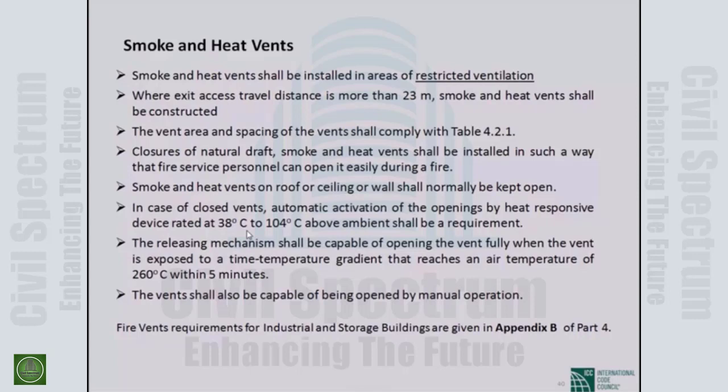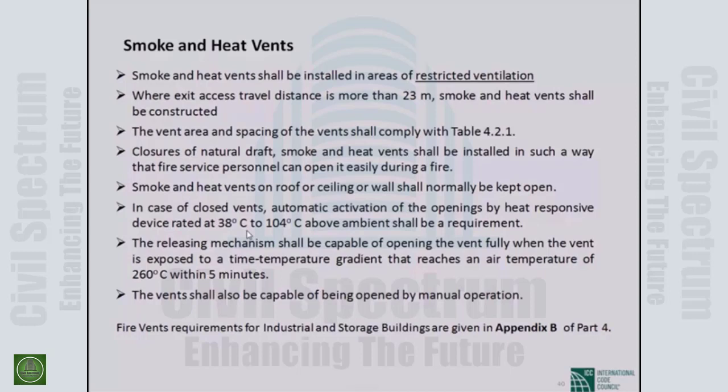In case of closed vents, automatic activation of the opening by a heat-sensitive device above the ambient temperature shall be required. So the vent will remain closed, but at a certain temperature it has to open. How does it open?